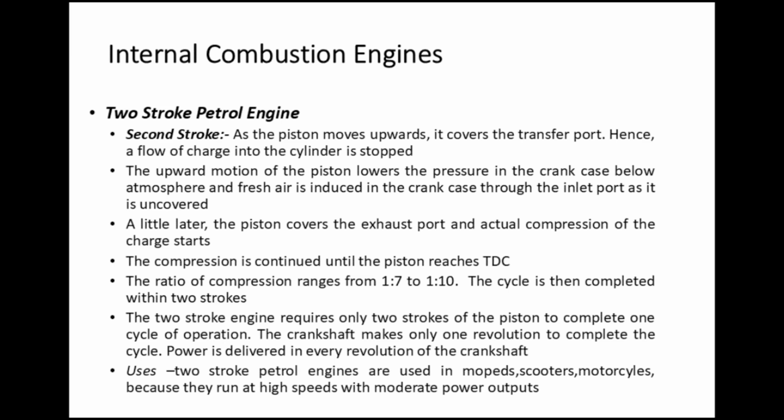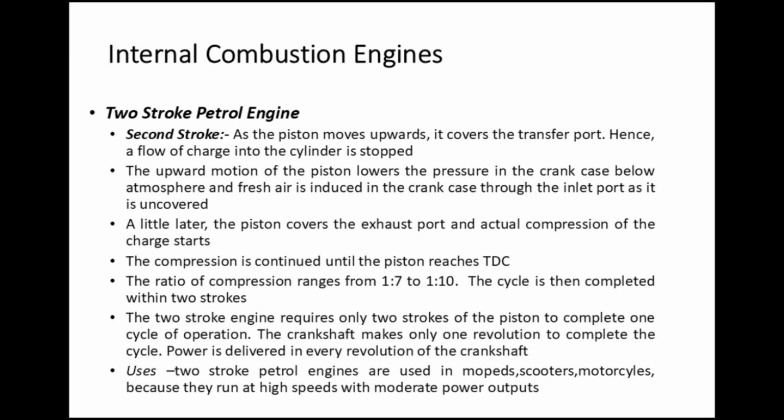The compression is continued until the piston reaches TDC. The ratio of compression ranges from 1:7 to 1:10. The cycle is then completed within two strokes. The two-stroke engine requires only two strokes of the piston to complete one cycle of operation.